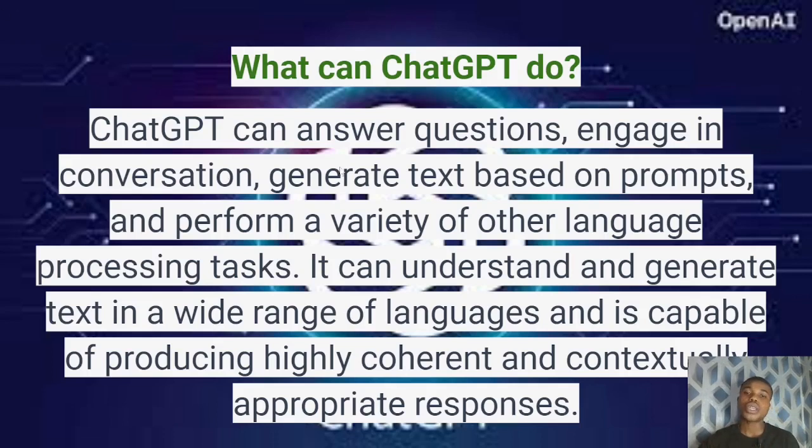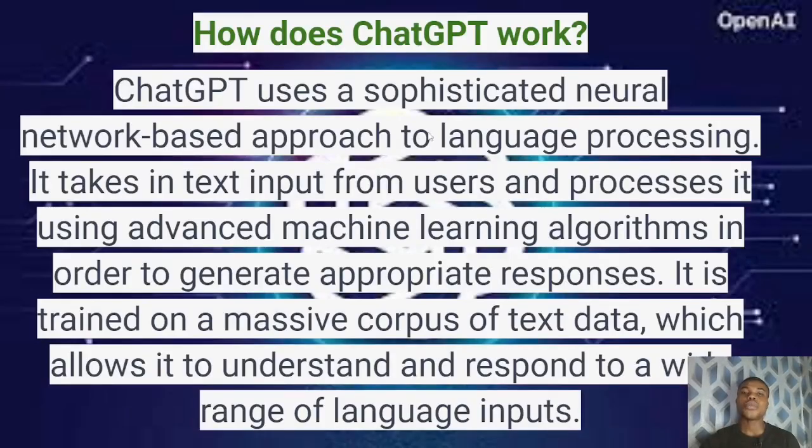So the next thing will be, how does ChatGPT work? ChatGPT uses a sophisticated neural network-based approach to language processing. It takes in text input from users and processes it using advanced machine learning algorithms in order to generate appropriate responses. It is trained on a massive corpus of text data, which allows it to understand and respond to a wide range of language inputs. There was a video I dropped on how to learn pidgin with ChatGPT.